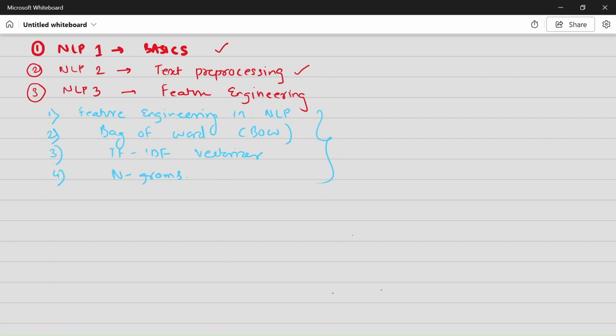Now let's understand the first topic, feature engineering. So what is feature engineering? In the earlier lecture, let me start with the flow first. Initially we have this flow.